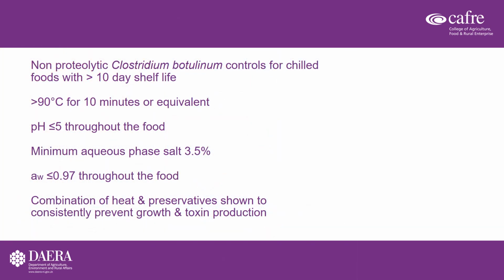With vacuum packed and foods packed in modified atmospheres, air has been removed from the packaging and either remains removed or is replaced by a mixture of gases, usually oxygen, carbon dioxide and nitrogen. These techniques can extend shelf life by inhibition of aerobic spoilage organisms, but they may lead to the growth and survival of anaerobes such as non-proteolytic Clostridium botulinum.